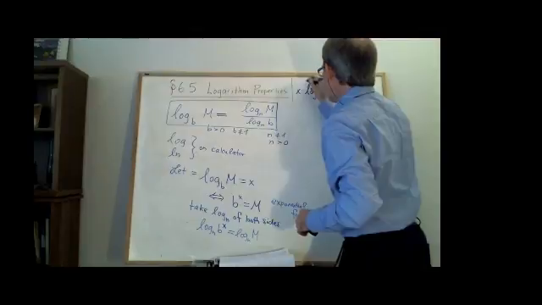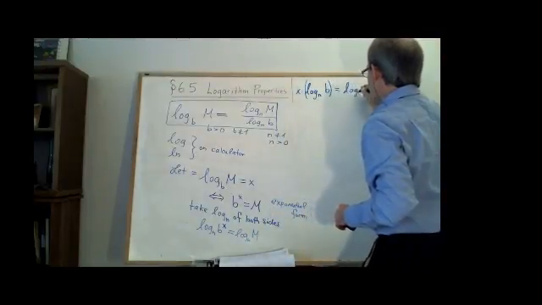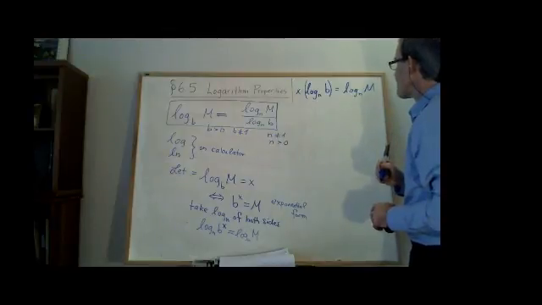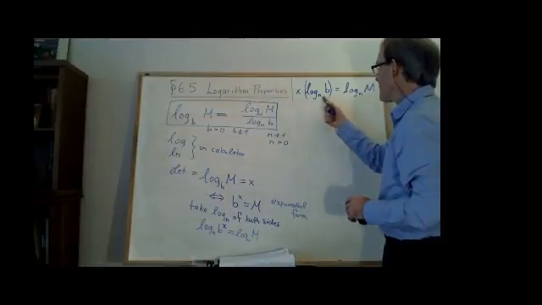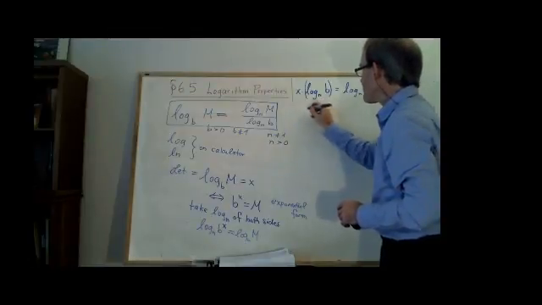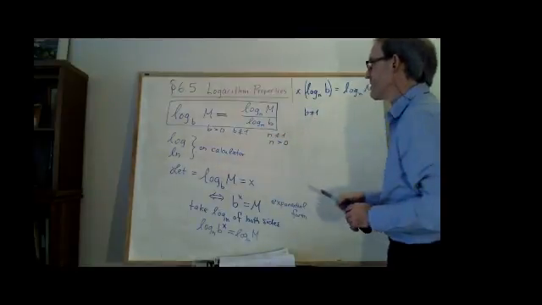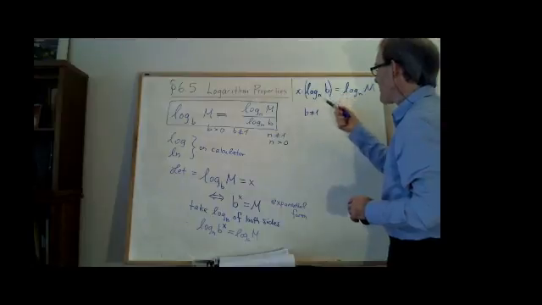So I get x times this whole logarithm is equal to log base n of m. And now we can solve for x just by dividing both sides by log base n of b, as long as b is not equal to 1, which is assumed here. Otherwise, this would be simply 0 for any base n.